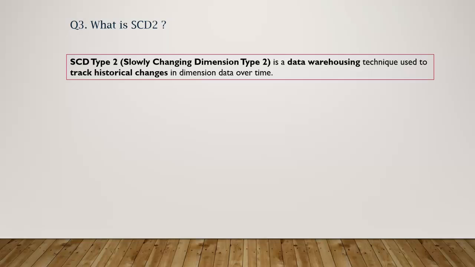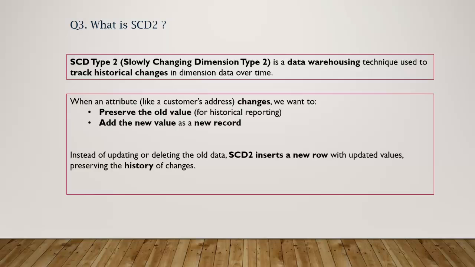SCD2, slowly changing dimension type 2, is a data warehousing technique used to track historical changes in dimension data over time. You should give an example as well, and explain with an example what SCD2 is and what it means. The key difference is, when an attribute like, for example, customer address changes, we want to preserve the customer's old address for historical reporting.